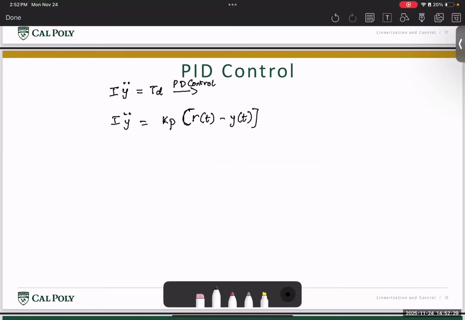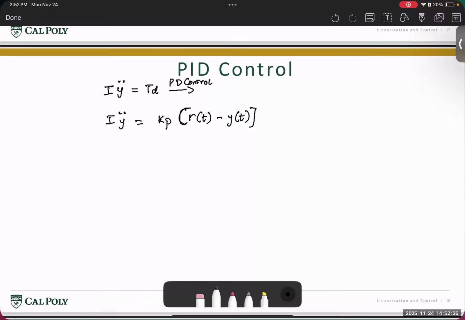Plus, let's say we have some Kd value. Let's assume this is negative Kd times the rate of change of output, so this changes with y dot of t, plus the torque that we applied, Td.